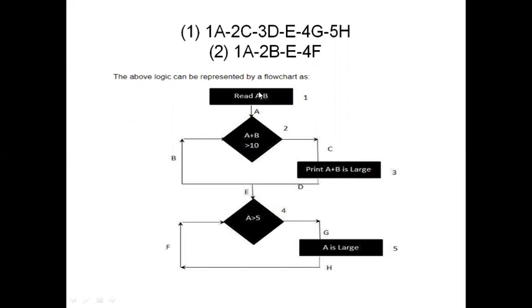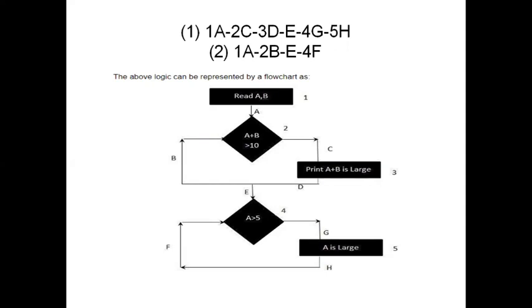You can see this 1A over here, then comes 2C. So it would go over here. So this is one of the flows. Then 3D, that is print a plus b is large, then E is also taken, then 4G, that is a is also greater than 5, and the last condition is 5H, a is large. So this is one of the flows from beginning to end, so it is covering the program.